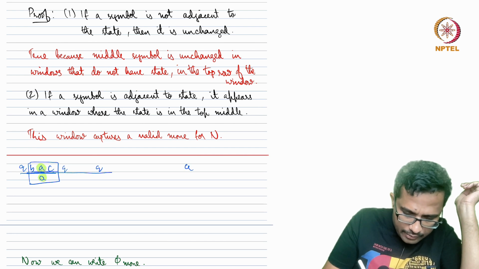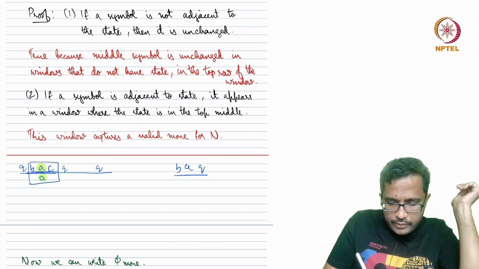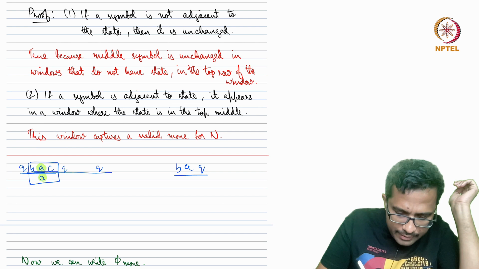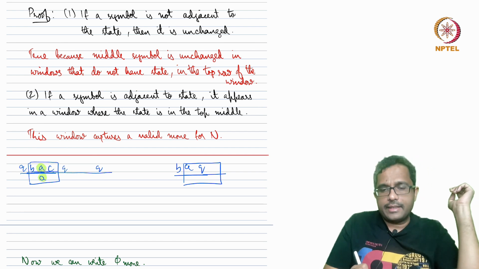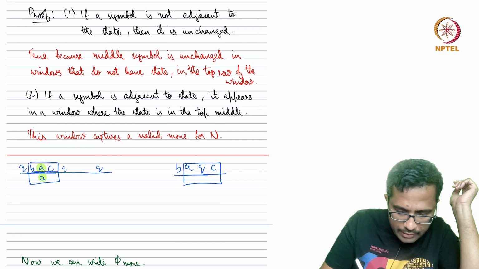So maybe so A here and Q here, and let's say B here. Now the thing is that there is a 2 by 3 window which features the state in the top middle, right. So A is adjacent to the state, then there is a window where the state is in the center, right. So maybe A, Q, C, right.